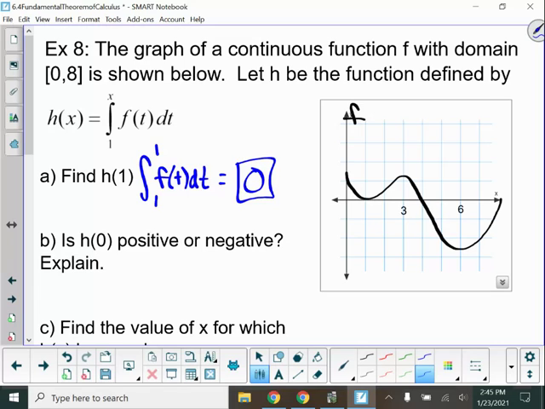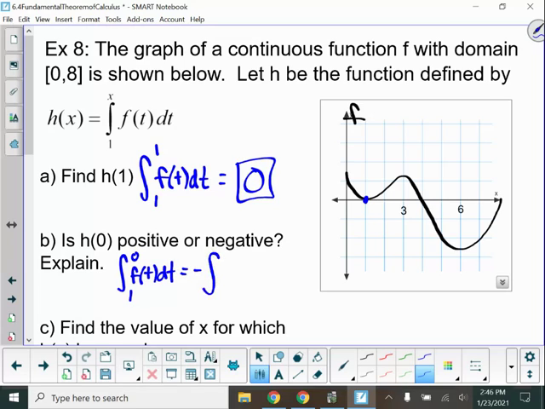So h of 1 is 0, and you can see that's where I'm going to be starting from. Part B is h of 0 positive or negative? Well, h of 0 would be the integral from 1 to 0 of f of t dt.